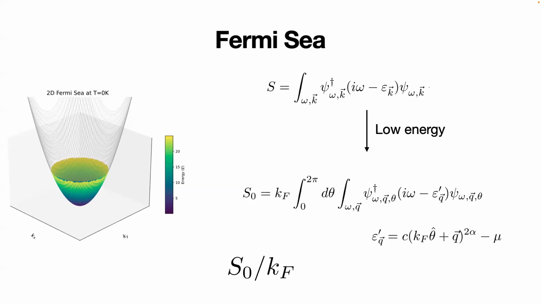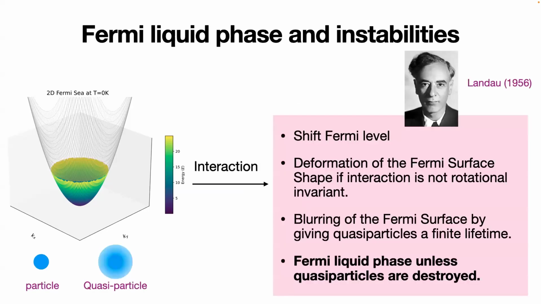There's a way to define a scale invariant action: S0 divided by kF, the average action per unit volume. We want to define such a scale invariant action, and in this way the free fermion Fermi sea can be viewed as an RG fixed point. So the scale invariance is restored.